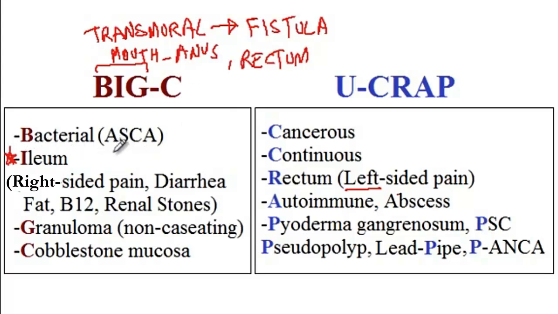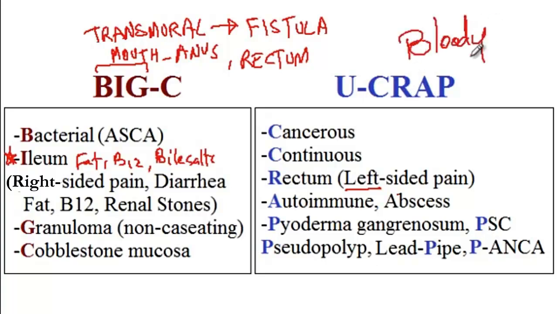And in fact, these patients are testing positive for anti-Saccharomyces cerevisiae antibody. Ileum is most commonly affected. Now, since the ileum is the site of absorption for fat, B12, and bile salts, and the bile salts are not being absorbed, these patients usually present with non-bloody diarrhea versus ulcerative colitis, which is bloody diarrhea.